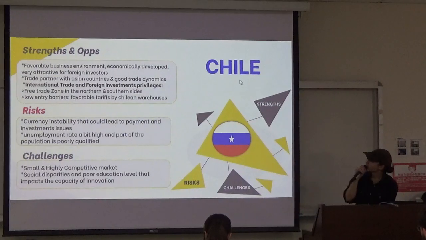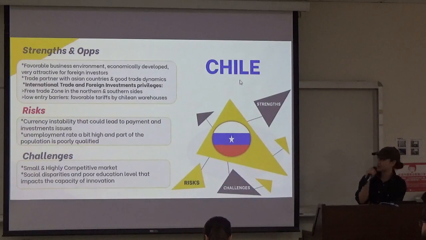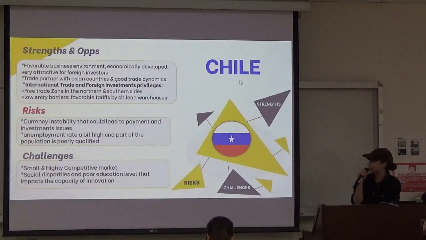So finally, Chile. Chile is the second country after Brazil when it comes to international FDI. It trades with a lot of Asian countries such as China and Japan, and is very open to international trade and foreign investments thanks to its free trade zone and low entry barriers.